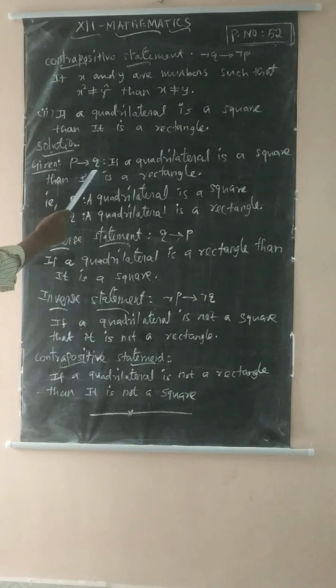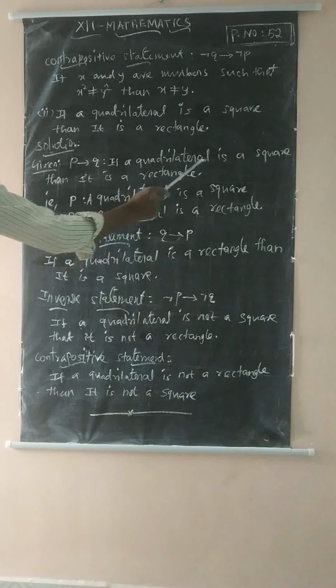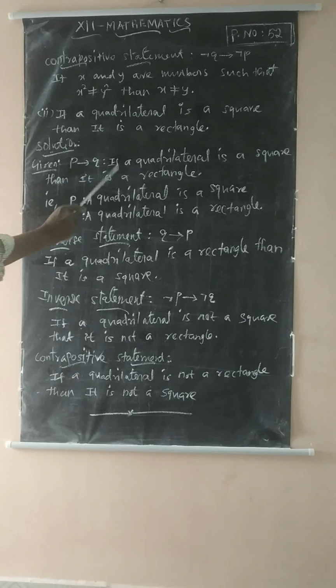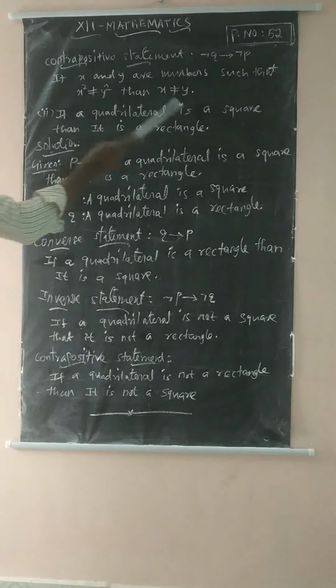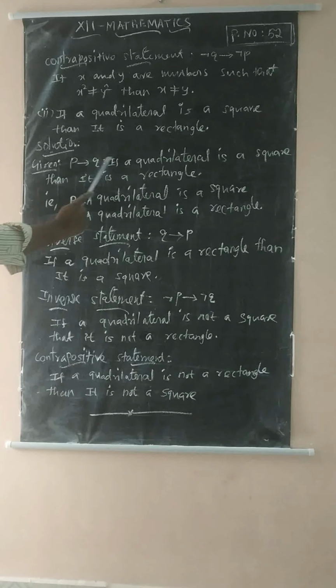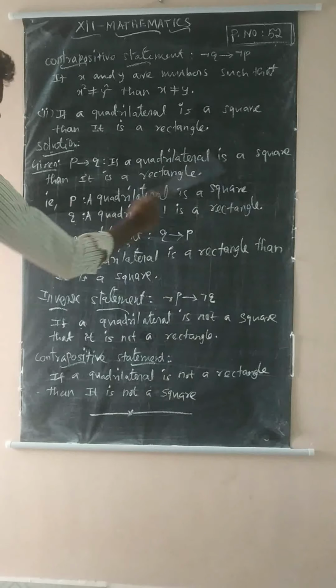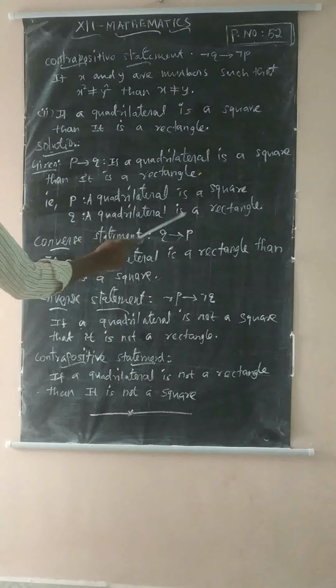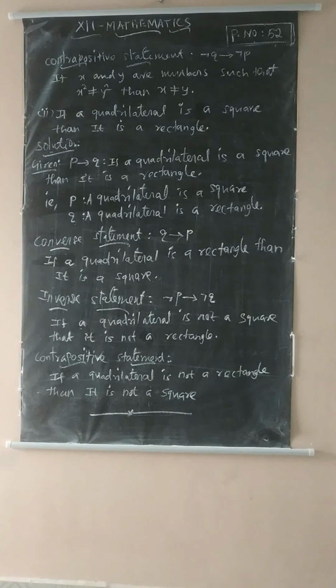Given P conditional to Q, if a quadrilateral is a square, then it is a rectangle. So let P mean a quadrilateral is a square. Q means a quadrilateral is a rectangle. That is the statements given.